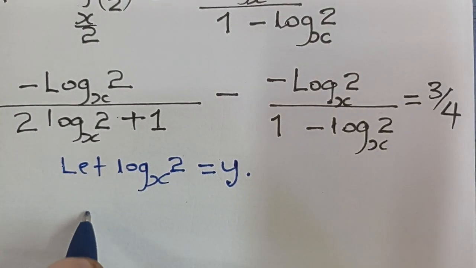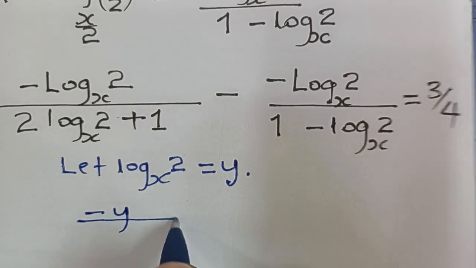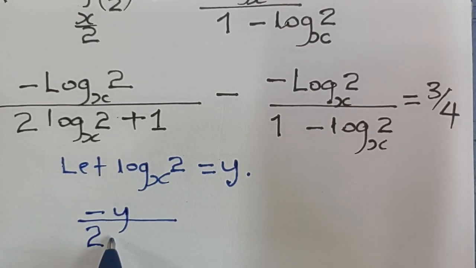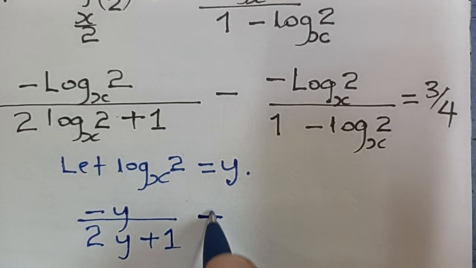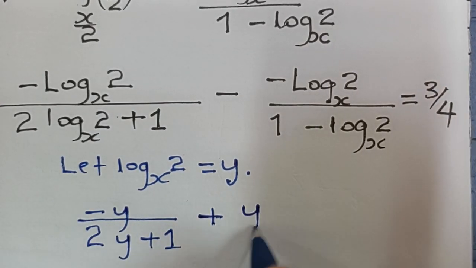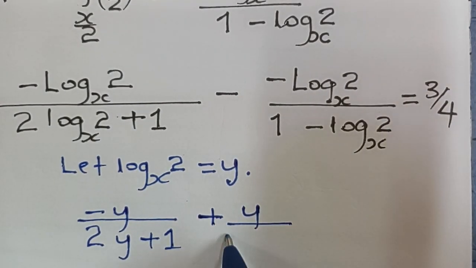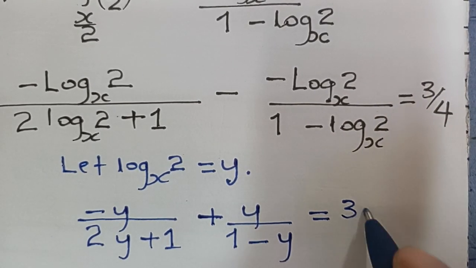So this one comes to minus y all over 2y plus 1, minus, this now comes to plus because of this minus, and this one is y all over 1 minus y. This gives us now 3 all over 4.